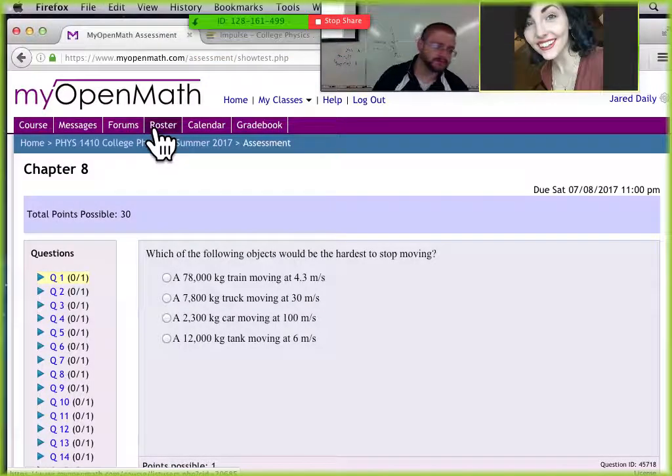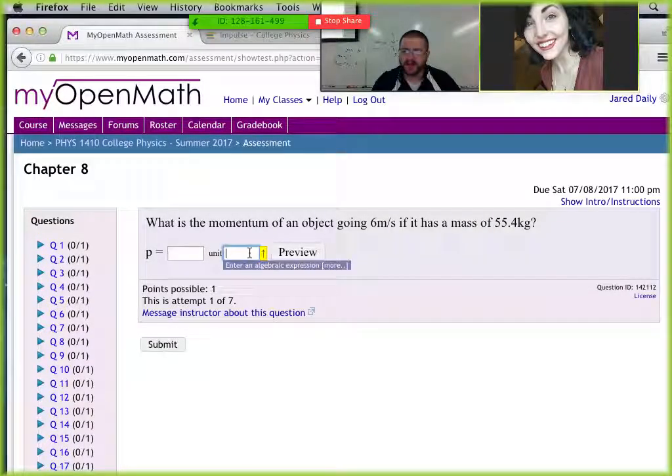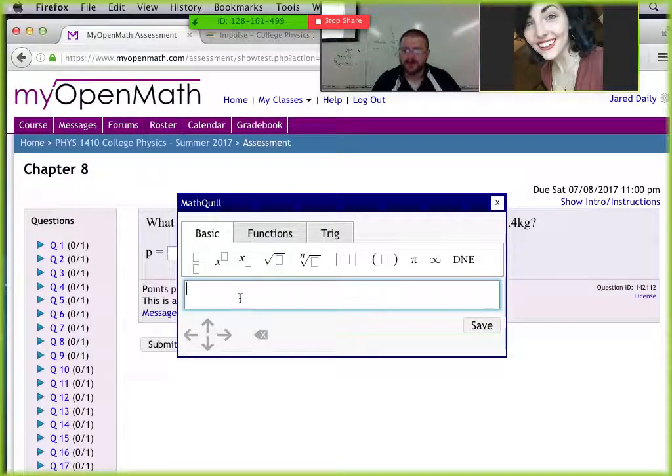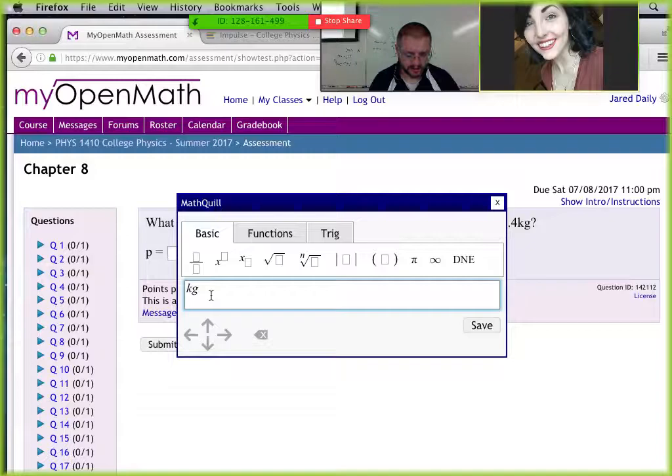Okay, so number 20, if you click in the units here and go to the little yellow arrow, then you can do kilograms. Then go times, and then do this, meters per second, and I think it'll give it to you.